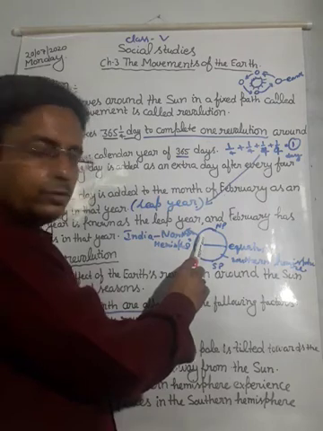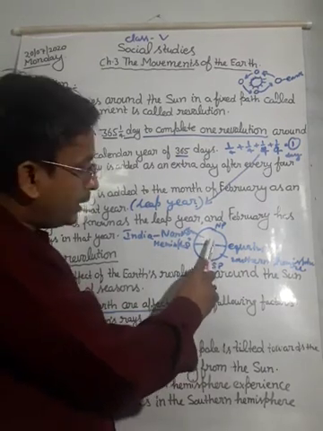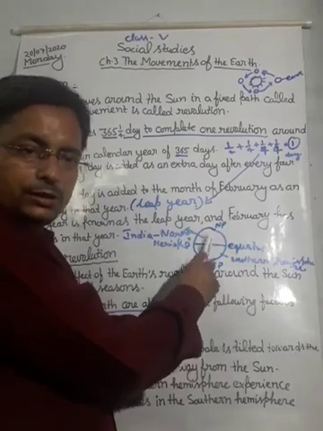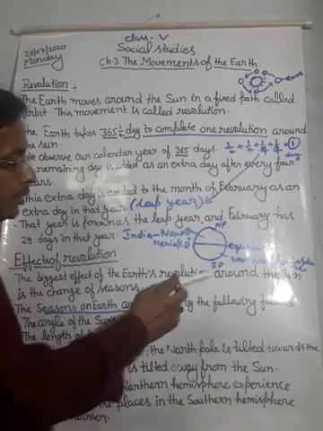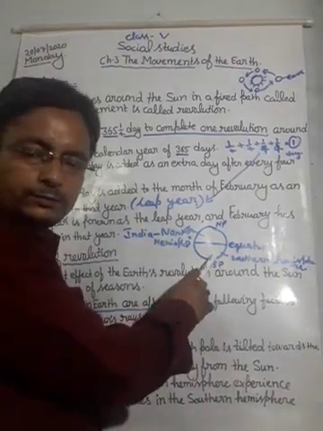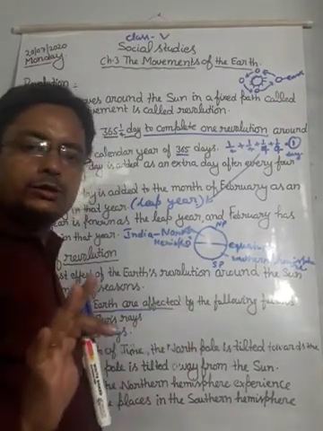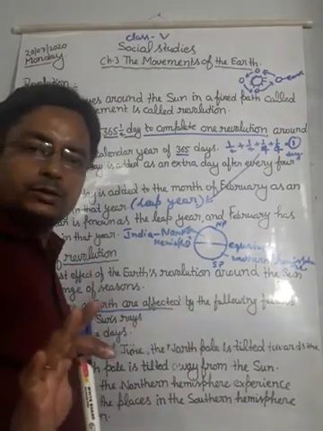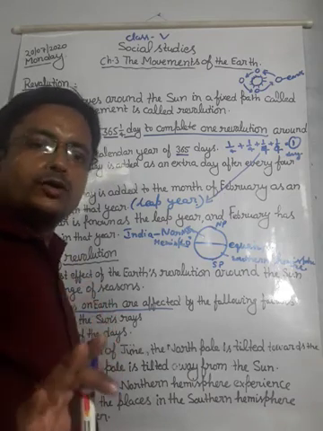So this portion is tilted towards the sun and this is tilted away from the sun, the situation will be opposite. So this portion is tilted towards the sun, which means the southern hemisphere will get more and more sunlight for a long time.